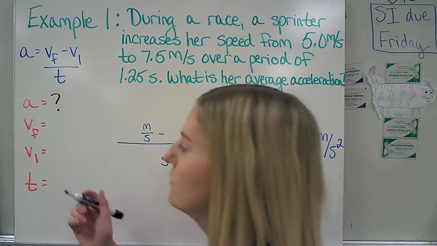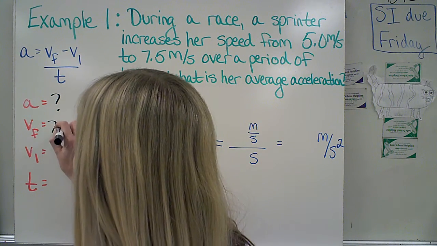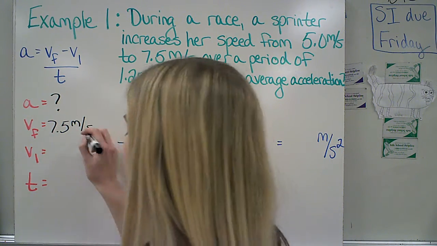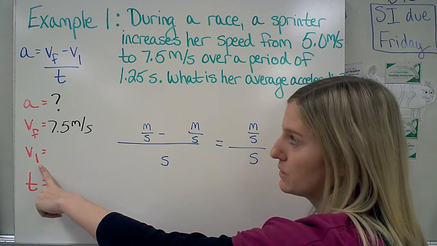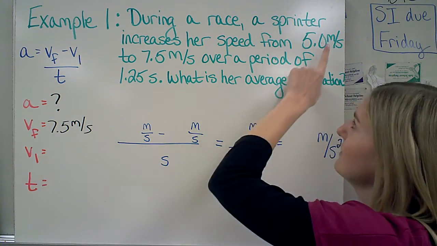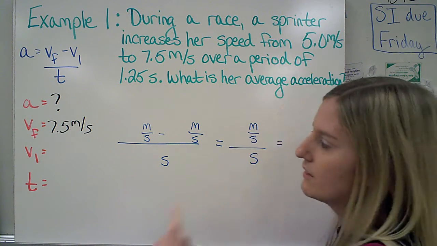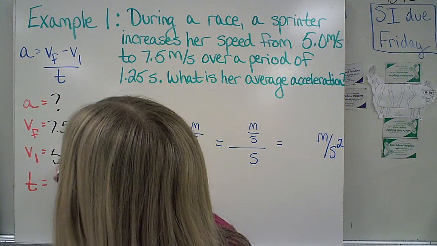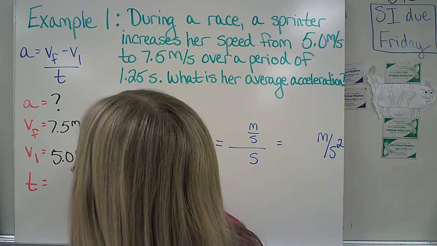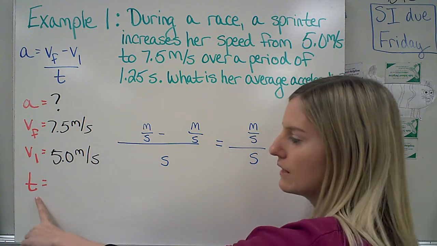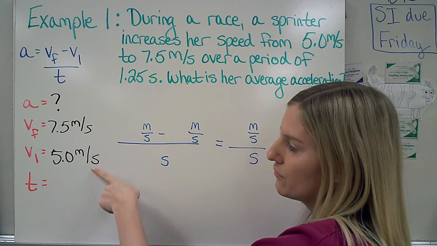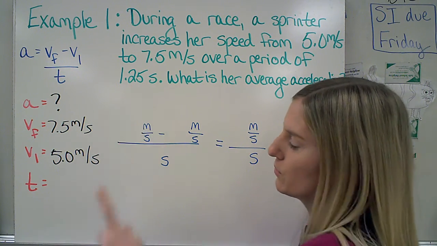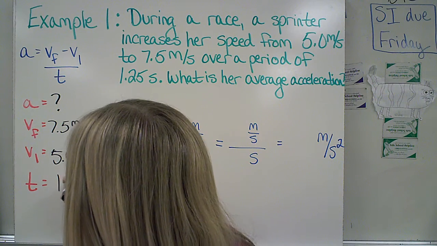So this is my final velocity. My initial velocity, the velocity at the beginning of this person's situation, is 5 meters per second. And the amount of time that she takes to change from 5 to 7.5 is 1.25 seconds.